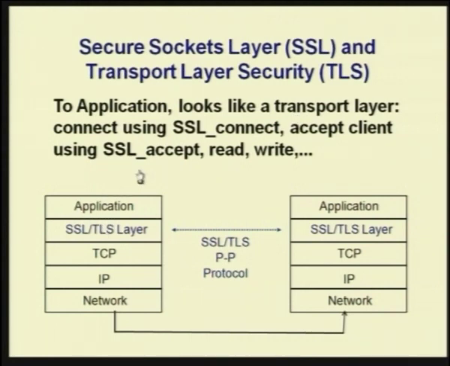Only thing is it will connect now using an API called SSL connect and it will accept using SSL accept. Instead of accepting from TCP as such, it would now use special functions called SSL connect or SSL accept, read, write and so on. Okay. And then the application makes use of the security features that are provided by this particular layer, and you have these SSL and TLS protocols which are the end to end protocols that we have.